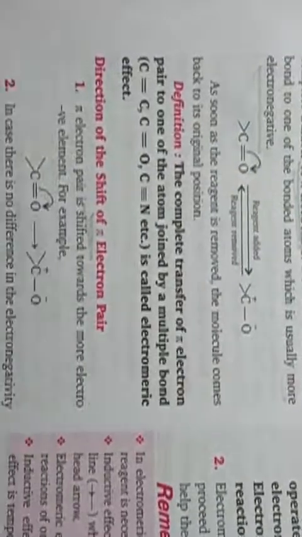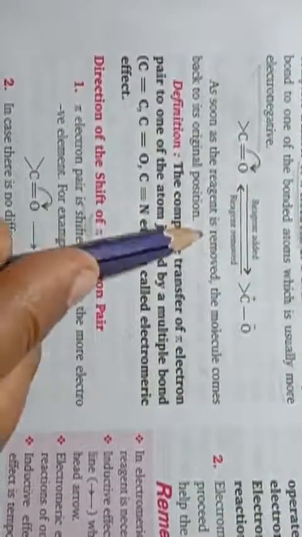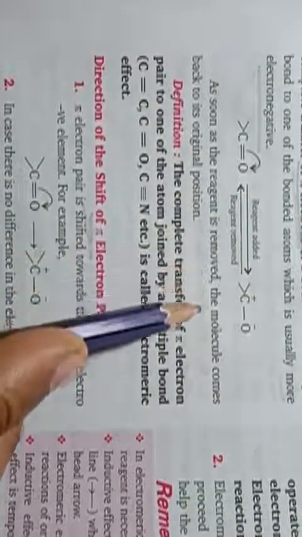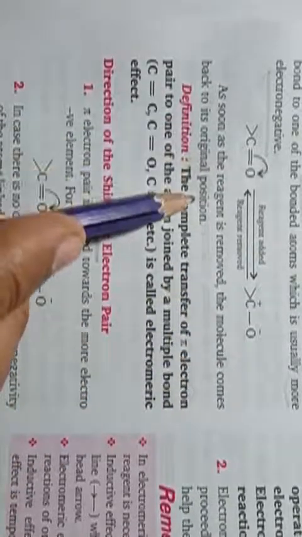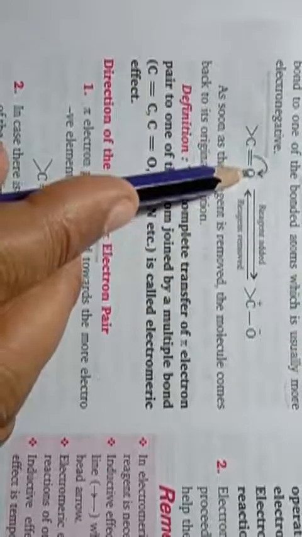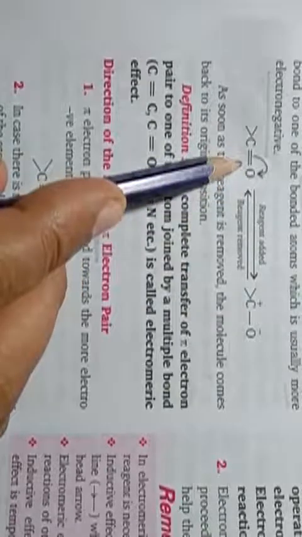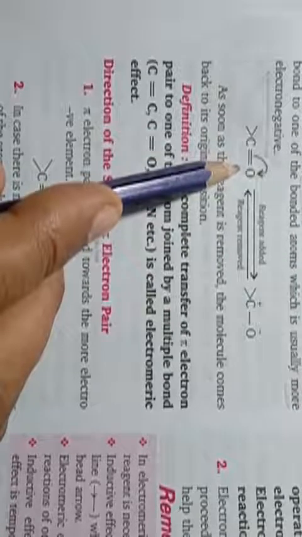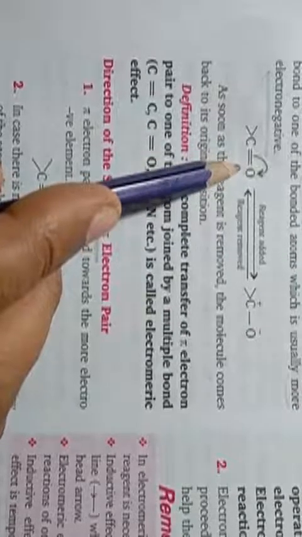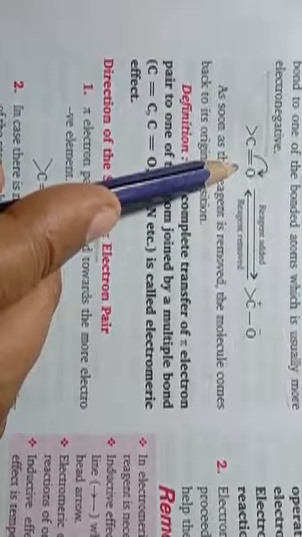As soon as the reagent is removed, the molecule comes back to its original position. So this transfer of electrons takes place only under the influence of the reagent, and if the reagent is not there, this transfer will not take place.